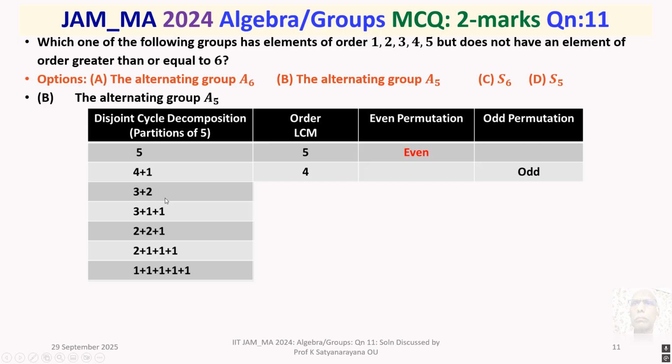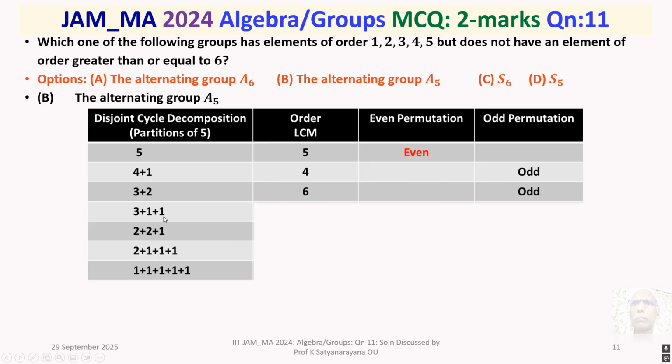For 3 plus 2, the LCM is 6; the 3-cycle is an even number of transpositions, and the 2-cycle is one transposition. So 2 transpositions and 1 transposition makes it odd, and the LCM is 6, odd.